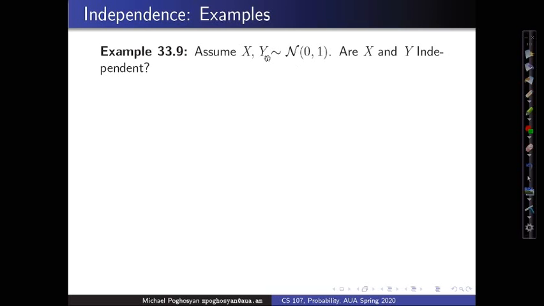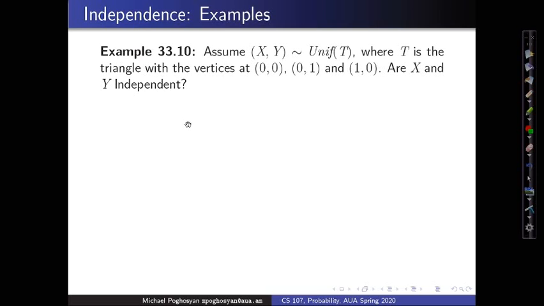Maybe y is defined on the same experiment as x, but they are independent, etc. So nothing can be said about the relationship of x and y, the dependency, knowing only individual distributions, even if those distributions are the same. So I cannot say anything for this problem.